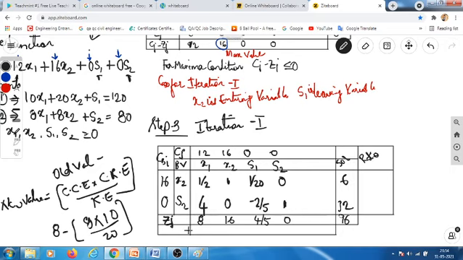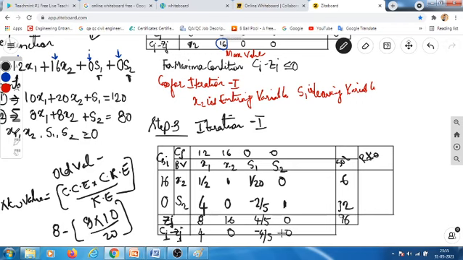Now, we need to find Cj minus Zj. 12 minus 8, the value is 4. 16 minus 16, the value is 0. This is minus 4 by 5. This is also 0.